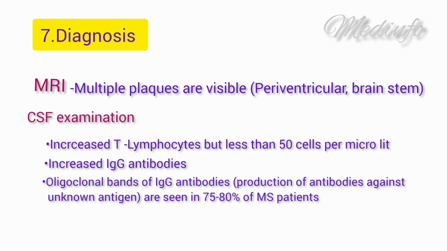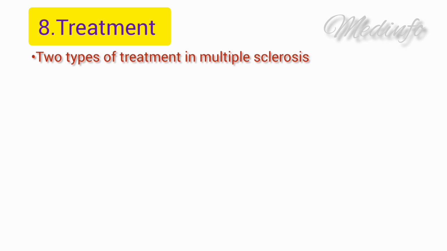Production of antibodies against an unknown antigen is seen in 75 to 80% of multiple sclerosis patients. And electrophysiological tests. Treatment. Here, two types of treatment we can use in multiple sclerosis.